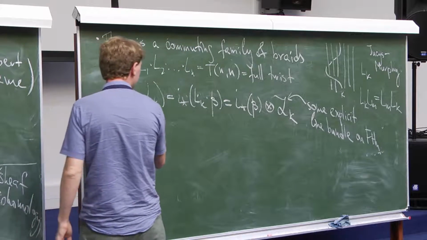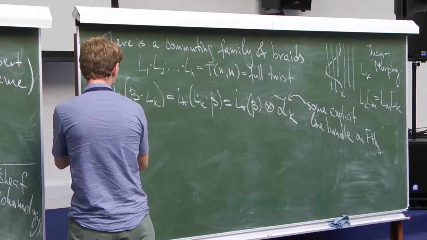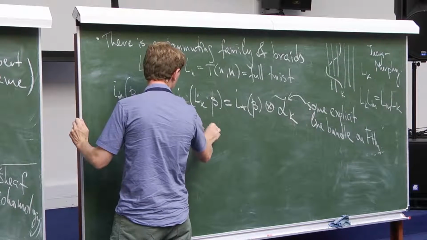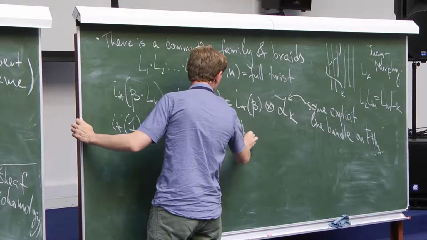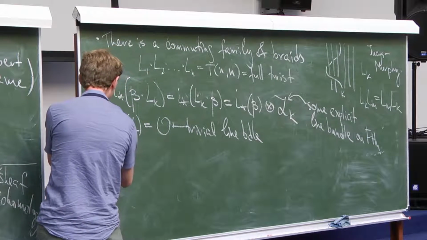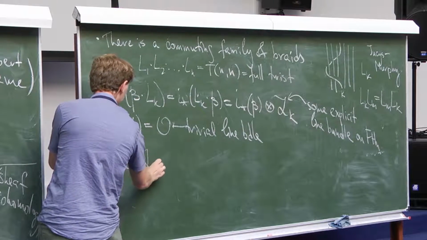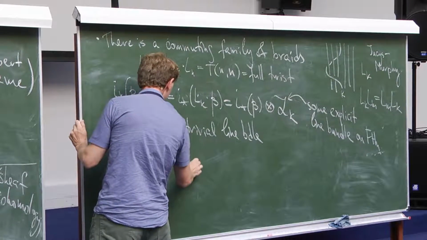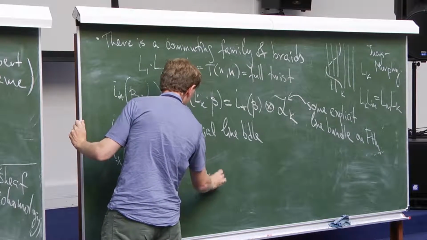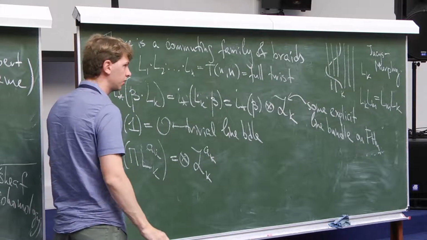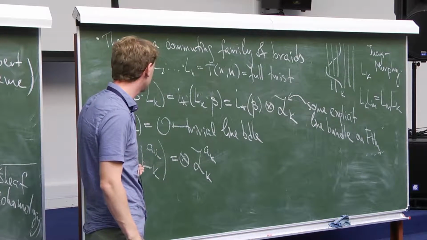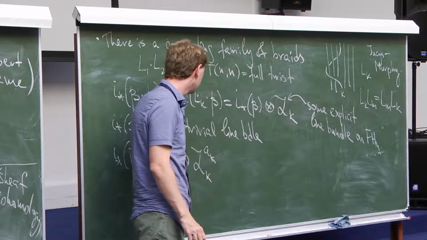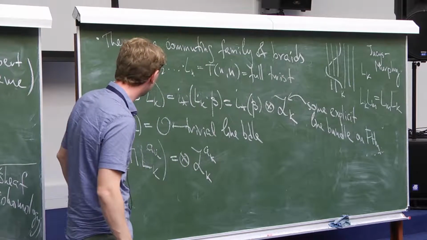For example, if I know that I lower star of 1 is the trivial bundle, then I know that I lower star of the product of LK in any power AK will be just the product of these line bundles in the same power AK. And this is very explicit. So for any braid obtained by composing these Jucys-Murphy elements, we have some line bundle on this Hilbert scheme.